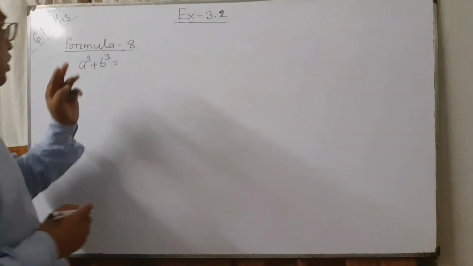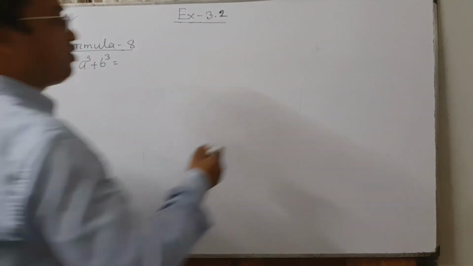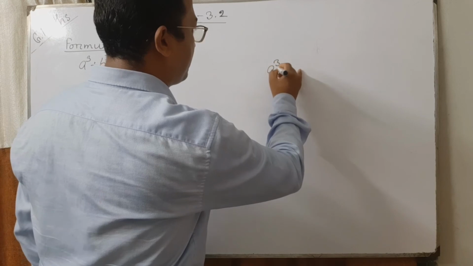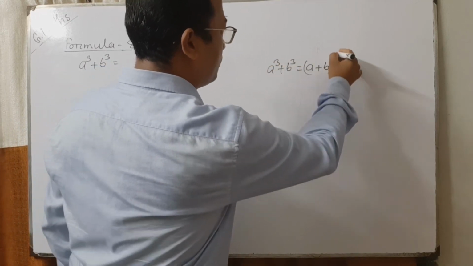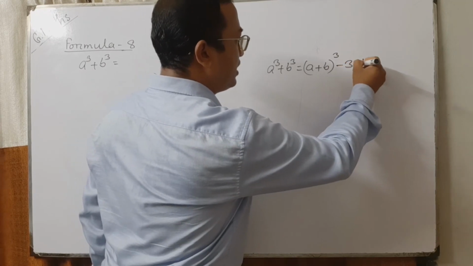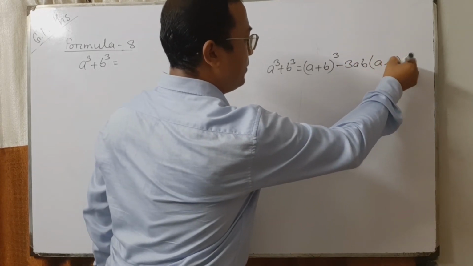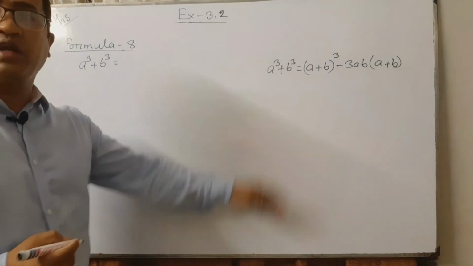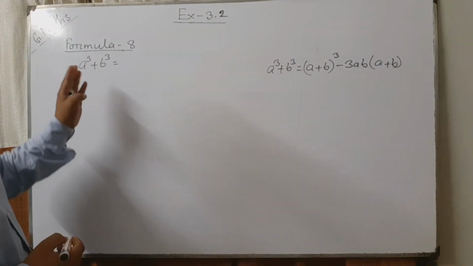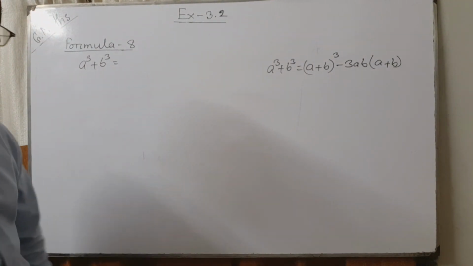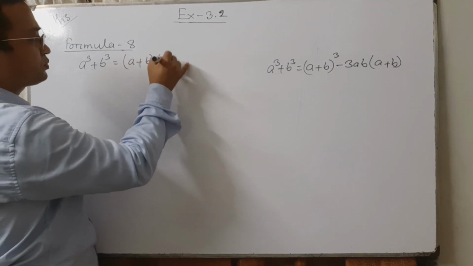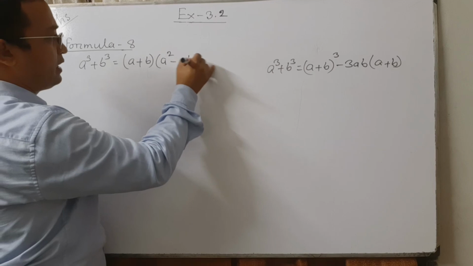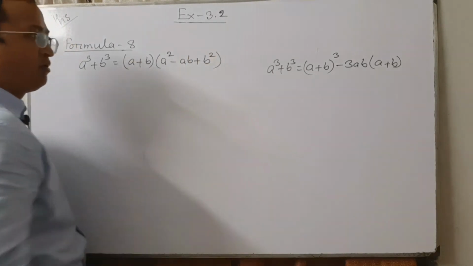The corollary of a cube plus b cube is a plus b whole cube minus 3ab into a plus b. And the formula of a cube plus b cube is a plus b into a square minus ab plus b square.